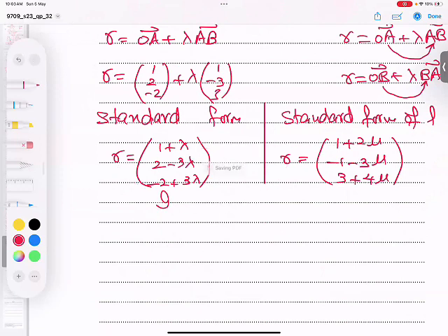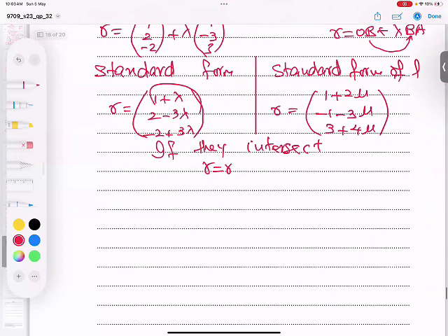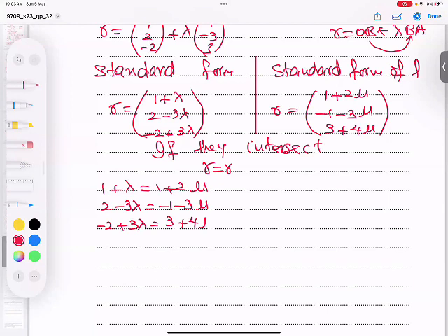Assume they intersect. So R equals R. So this component equals that. So 1 plus lambda is equal to 1 plus 2 mu. And 2 minus 3 lambda is equal to -1 minus 3 mu. And -2 plus 3 lambda is equal to 3 plus 4 mu.